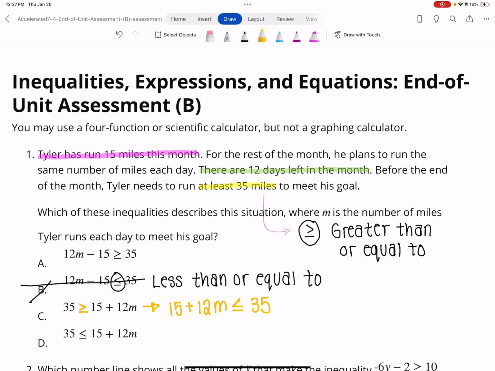This narrow part of it is still pointing towards that segment. So we know that we correctly rewrote this, and we know that the symbol is also less than or equal to, so we're going to cross out this answer choice as well.